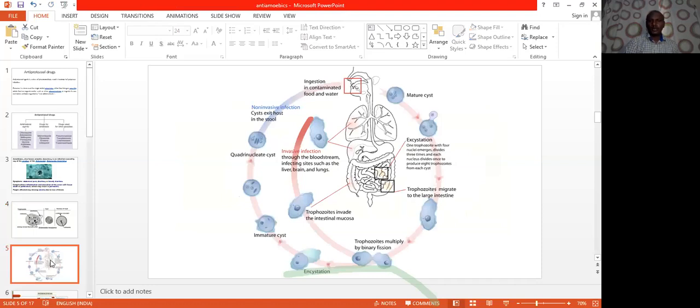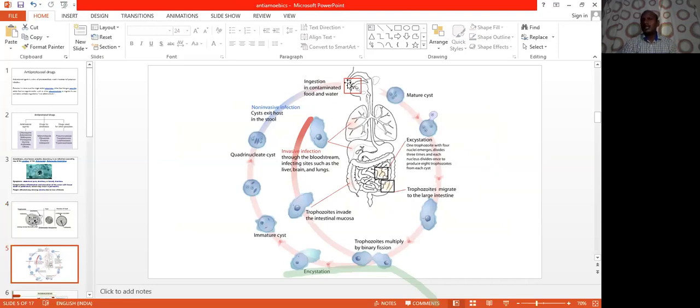Next, coming to the life cycle of Entamoeba histolytica. Transmission is through contaminated water or contaminated food. Once it is ingested in the cyst form, that is the transmission of Entamoeba histolytica to the host, to us humans. It happens by ingesting contaminated food or water.